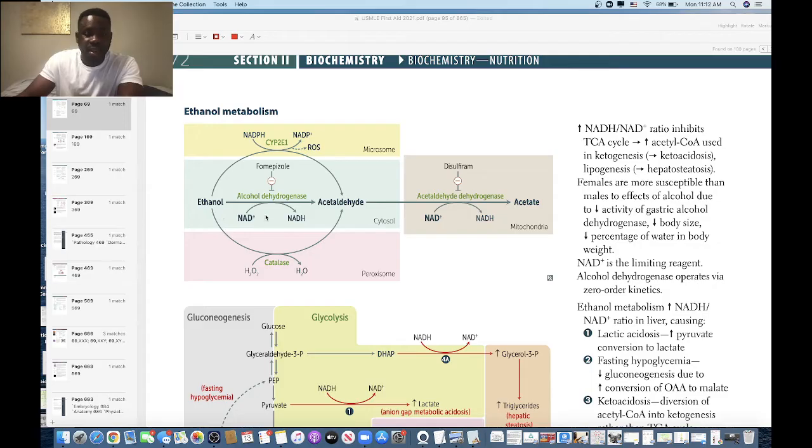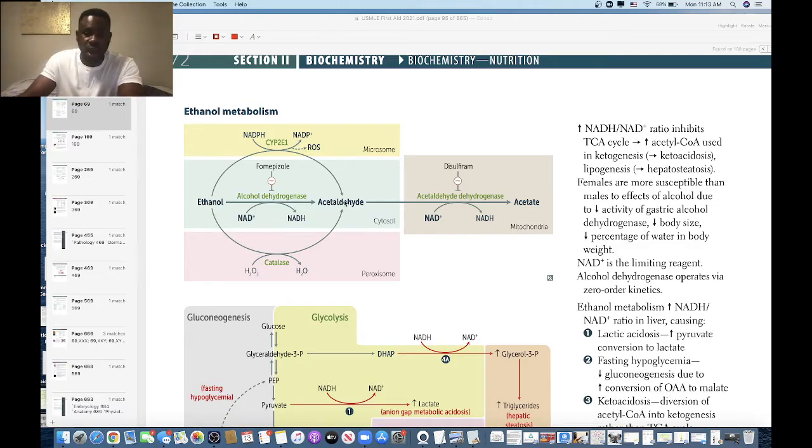So NAD, which is vitamin B3, is the vitamin that will accept the hydrogen. So we remove this hydrogen from the alcohol, and when we add the hydrogen to NAD plus, it turns into NADH. Then this alcohol is oxidized, because anytime we remove hydrogen from something, it is being oxidized.